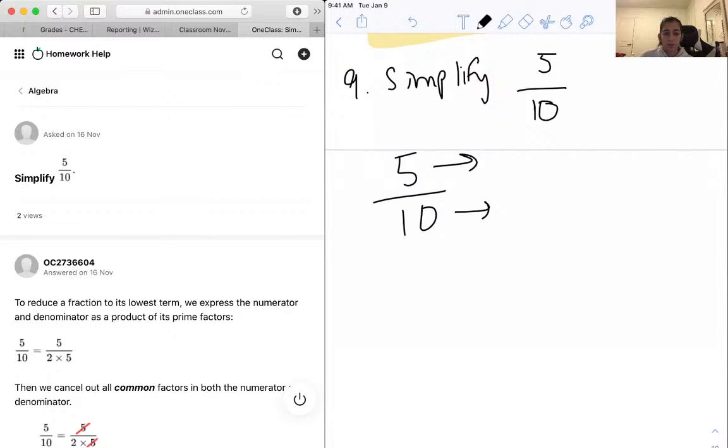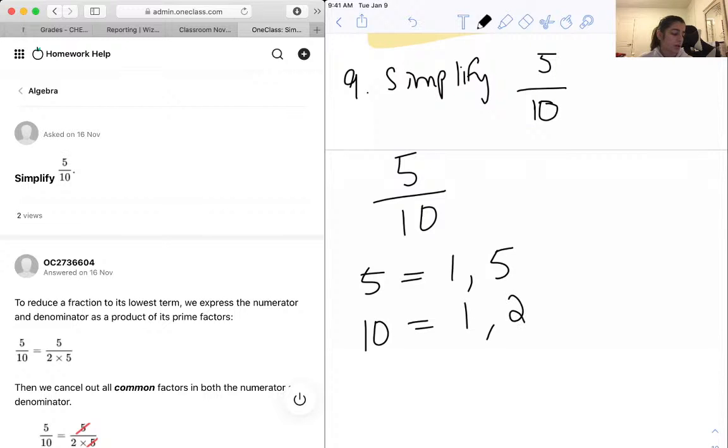So if you multiply the numerator by a certain number, you have to multiply the denominator by the same number. So for 5 and 10, the common factors, you can think of 5. The factors of 5 are 1 and 5, and the factors for 10 are 1, 2, 5, and 10. So the common ones that they have are 1 and 5.